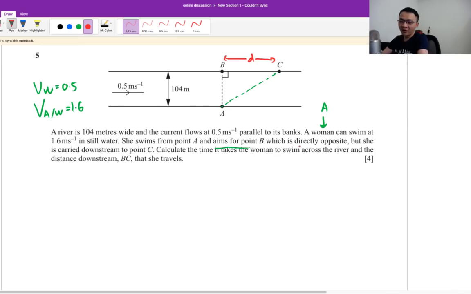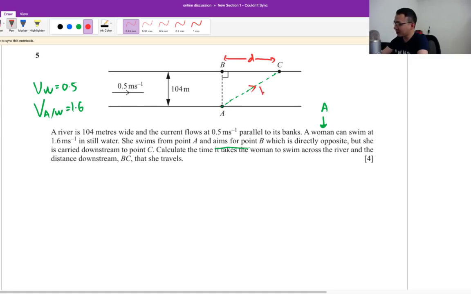Alright, so over here, the very important thing is you have to know which one is the resultant vector. Even if the woman actually aims for B, the result will bring the woman to C. So this one will be your resultant vector.